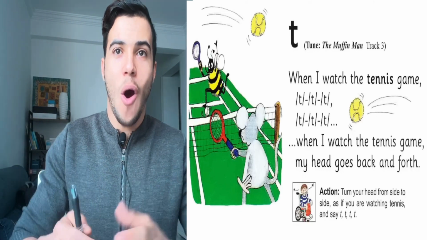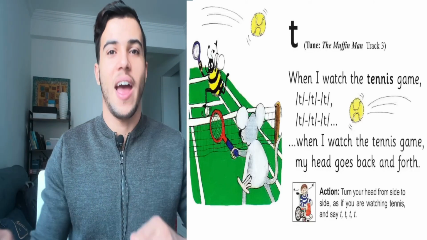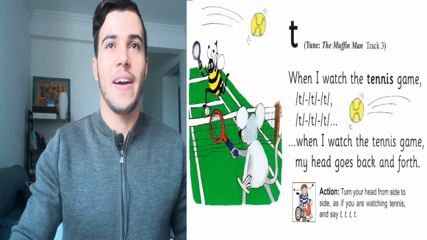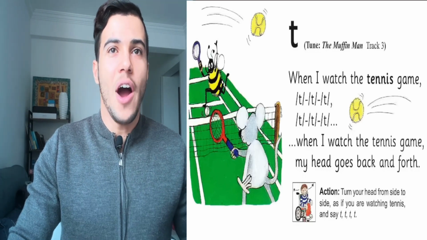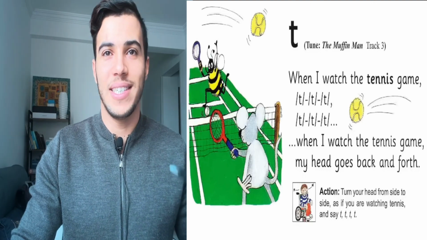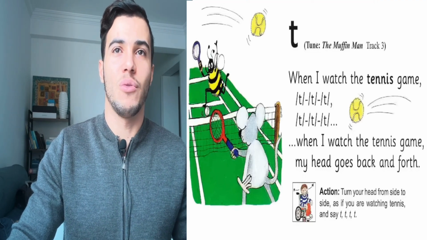The children go home and play tennis too. All right, so this is the story of the t sound. When I watch the tennis game, my head goes back and forth.